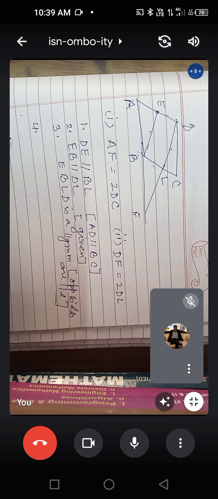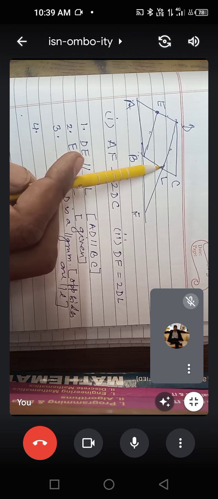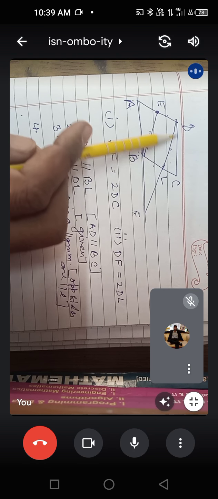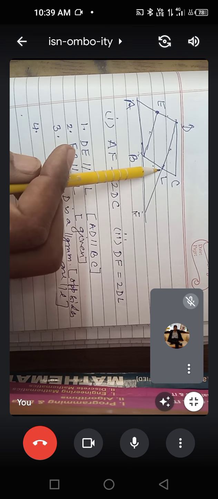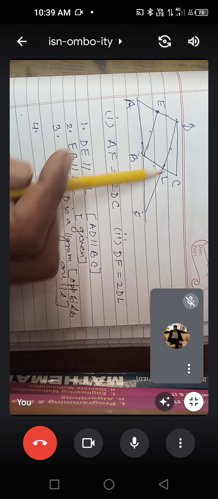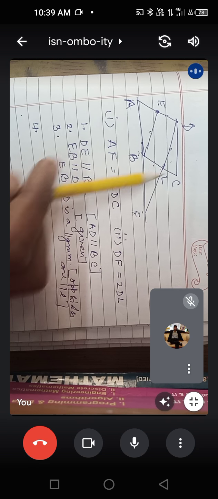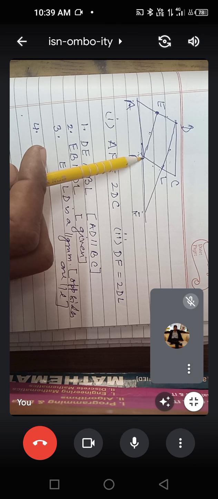Fourth point. Now you see in triangle DLC, D is this, L is this, C is this, and triangle FBL, these two triangles. First of all, CL is equal to BL. Why?